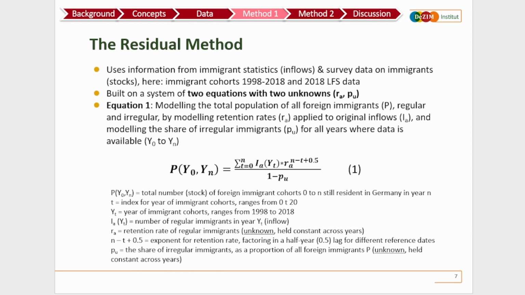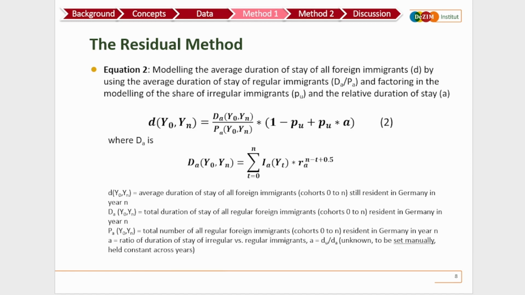The second equation that Lemaitre suggests in the formula is based on the duration of residence, D, also for the time period where you can derive from the labor force survey that is used here, the total years of duration, that is capital DA, divided by the total number of residents, PA, and then factoring in again the PU, so the share of irregular migrants, and an additional third factor here that is A. And in order to avoid a non-solvable equation system, you basically set A manually.